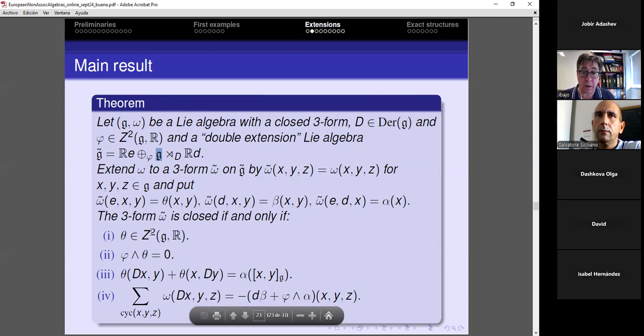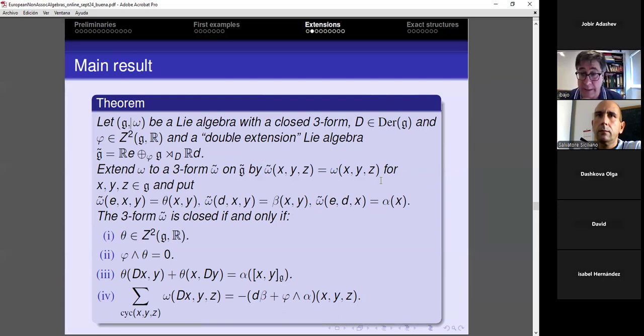Okay, the conditions were these conditions, which are quite technical. I'm not going to stop there. But notice that here we have not imposed the condition of being quadratic. We have just the Lie algebra with a closed three-form. And this was because we were thinking that maybe also in the symplectic case, where there is something similar to a quadratic double extension, but in that case it is called symplectic double extension, maybe we could also profit from this result.